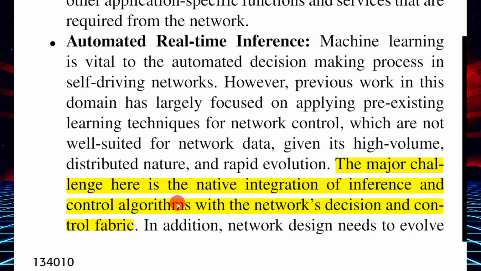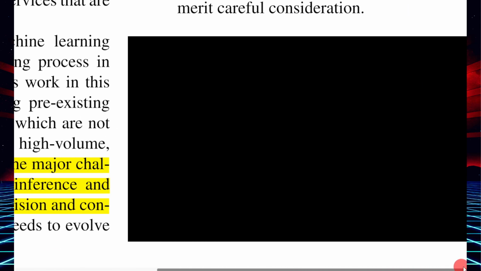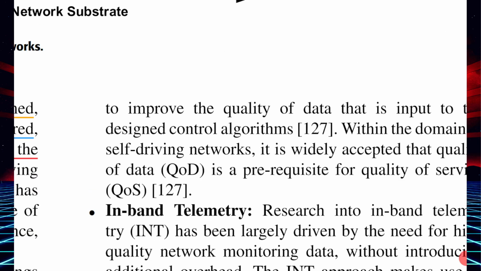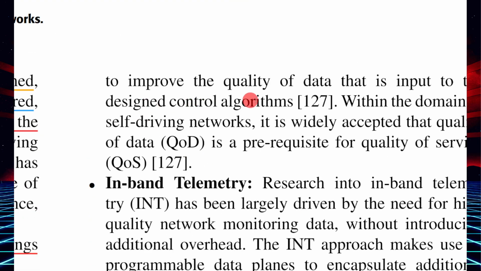The major challenge here is the native integration of inference and control algorithms with the network's decision and control fabric. In addition, network design needs to evolve to improve the quality of data that is input to the designated control algorithms within the domain of self-driving networks. It is widely accepted that the quality of data is a prerequisite for quality of service.